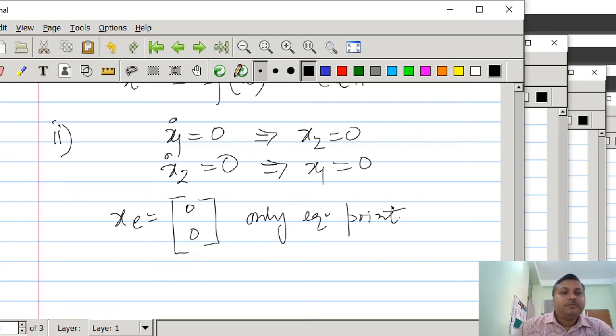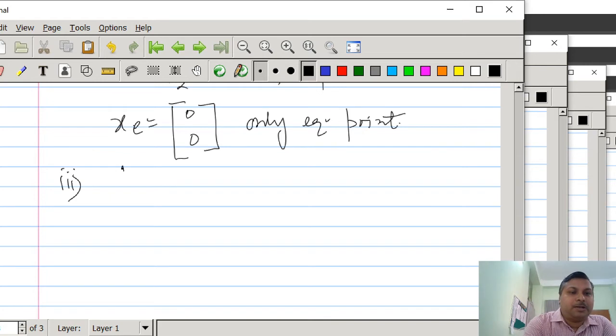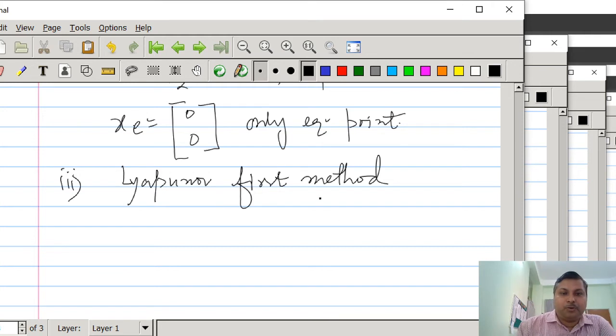Fine. So now third question is that we have to judge the stability of this nonlinear system using Lyapunov first method and second method. Let us apply the Lyapunov first method. As we have discussed, we have to find out del f by del x at x equal to xe.